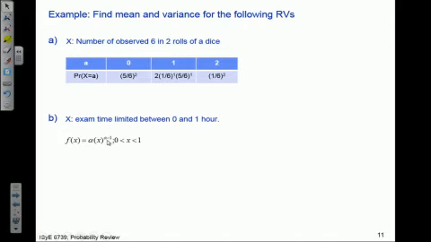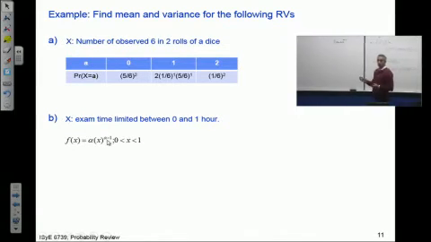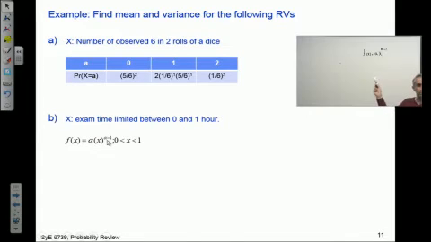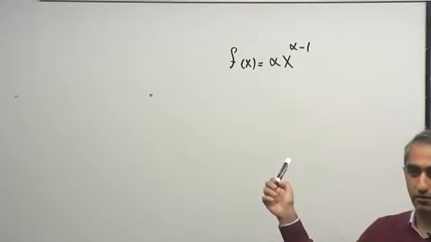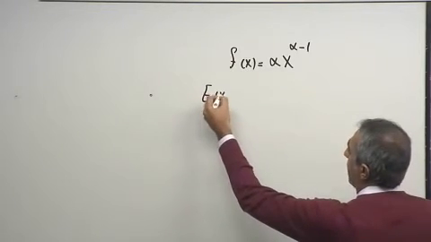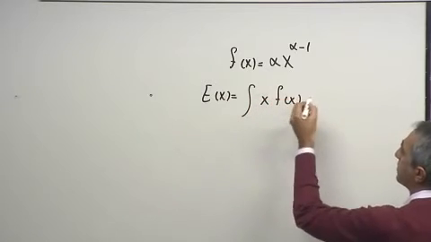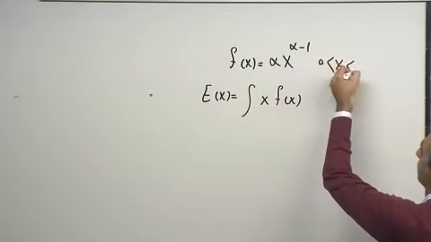So expected value definitely should be a function of what? Alpha. So any answer? 1 over alpha? Let's see. So the expected value would be x times f of x. We know that x is between 0 and 1.